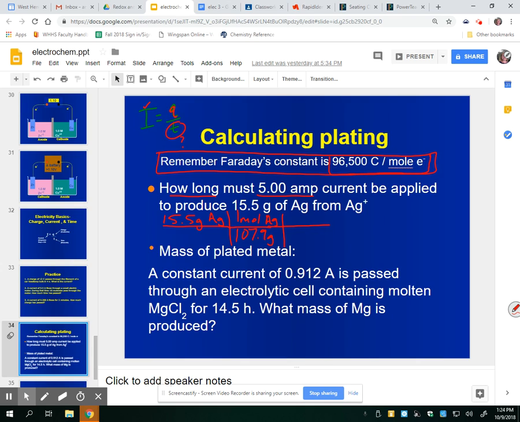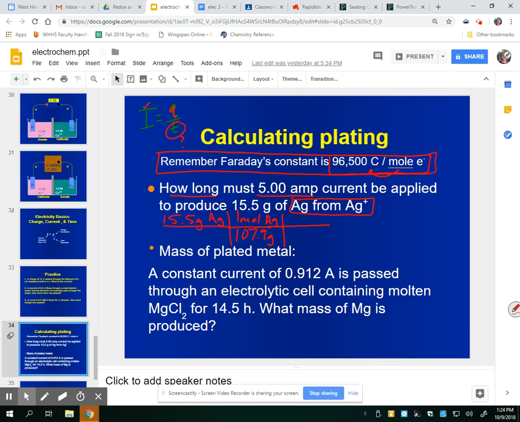But in order to use it, I need to have moles of electrons. If I have moles of electrons, I can convert to coulombs, which is what I'm trying to do here. I don't have moles of electrons yet. I have moles of silver. So that's when I have to pay attention to my knowledge of the most common ion formed. When silver goes to the ion form, it loses 1 electron.